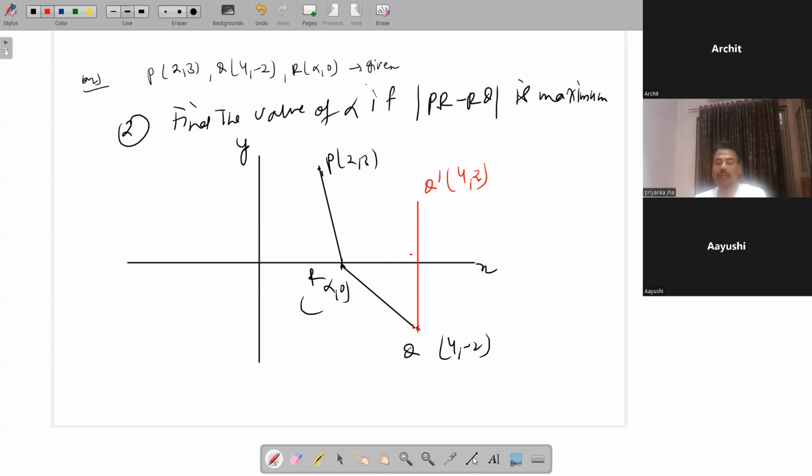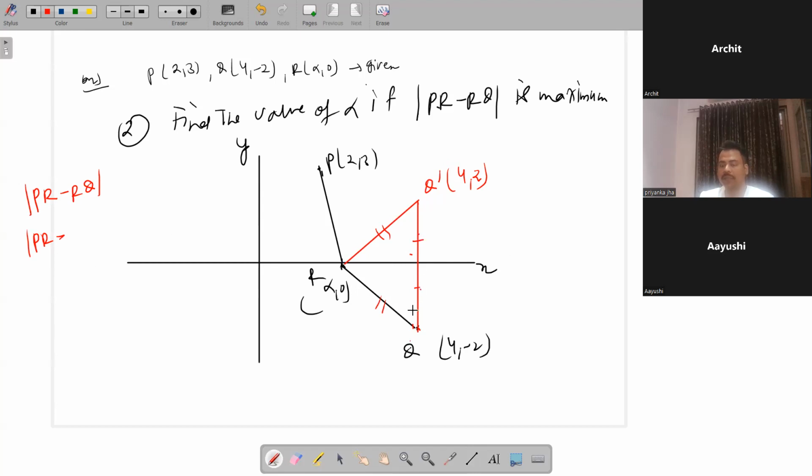Now you have to find the maximum value of mod PR minus RQ. So PR is PR and RQ is equivalent to RQ dash. RQ and RQ dash are equal. Why? Because Q dash is the mirror image of Q. So this distance will be the same.